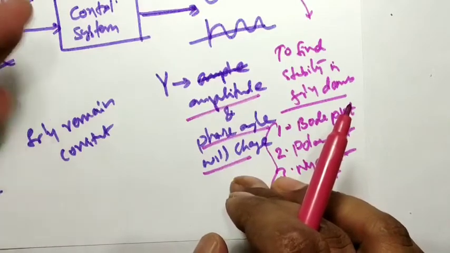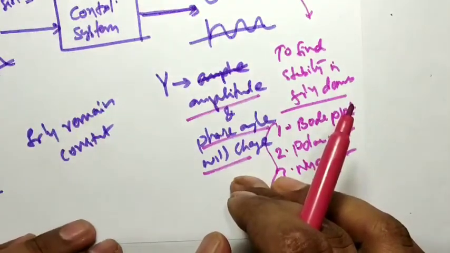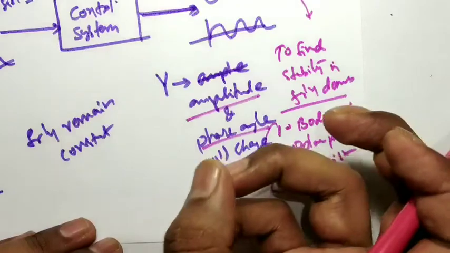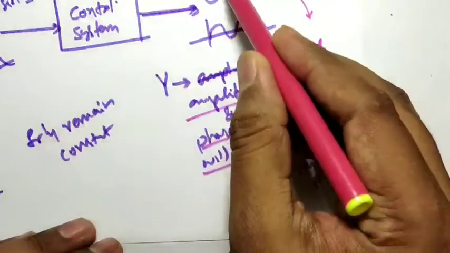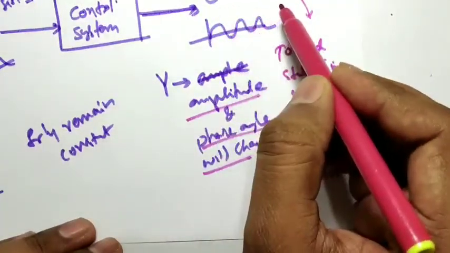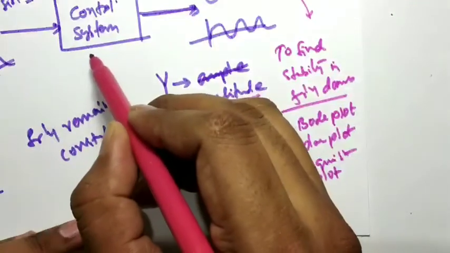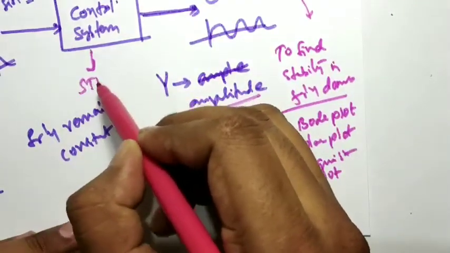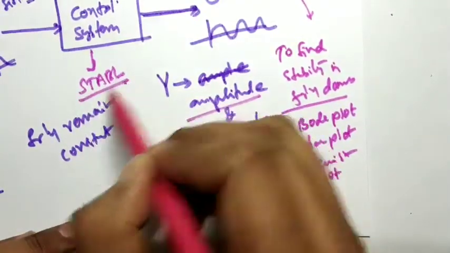Frequency analysis means you have to analyze the output. See, if you take this system as stable, so what happened?